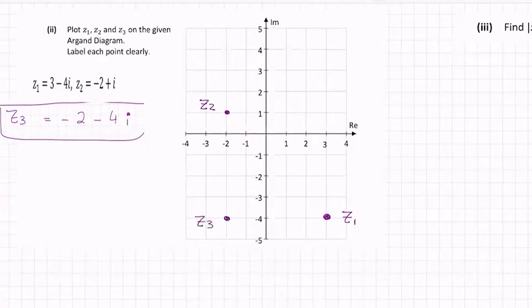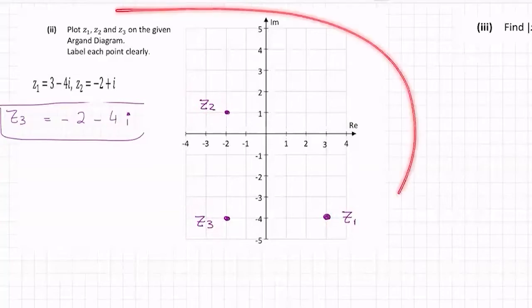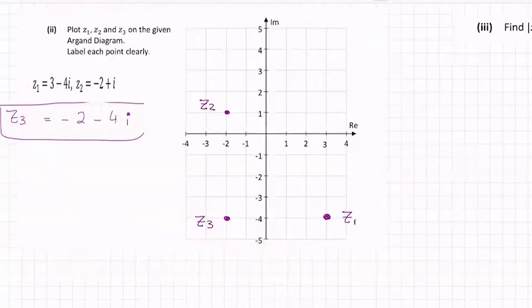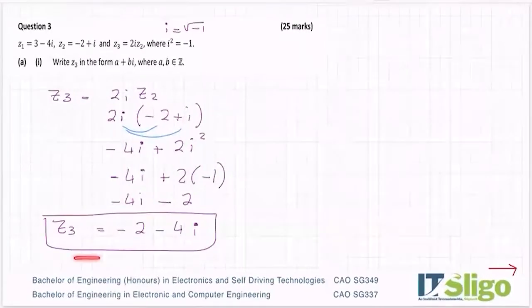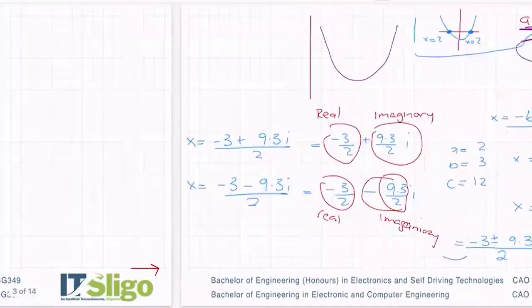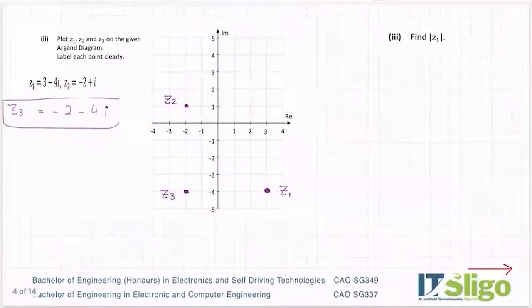So that's Z3. Make sure you always label your complex numbers as such, and that's how you plot on the Argand diagram. Quite a few marks for being able to do this. It could be either 5 or 10, and this could be either 5 or 10. So good marks for complex numbers.